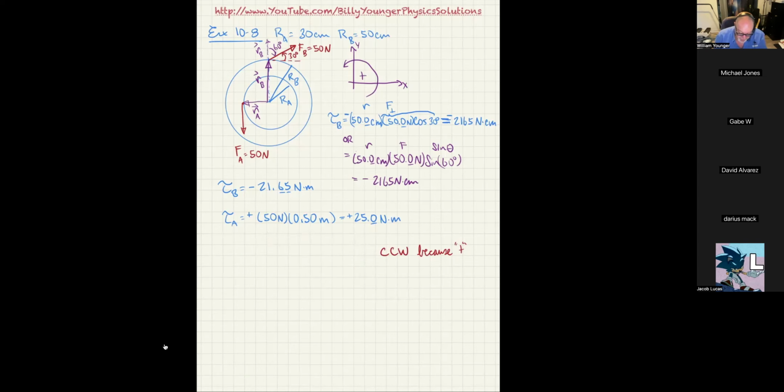Remember, TA is supposed to be force A times lever arm A, but lever arm A was not 0.5. That was me just being careless. So I'm going to write in the correct figure, which is 0.30. And then, of course, that means this answer is not quite right.